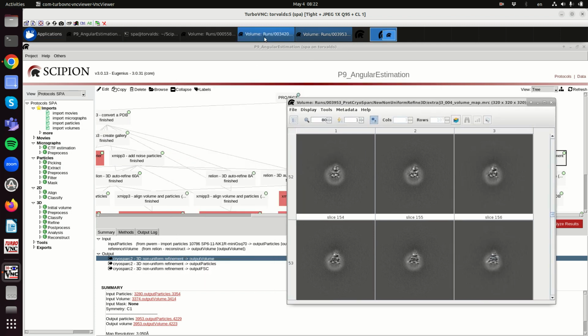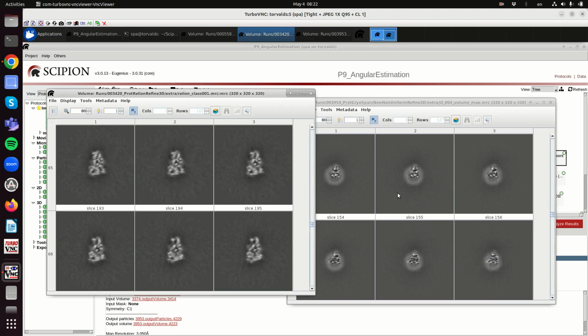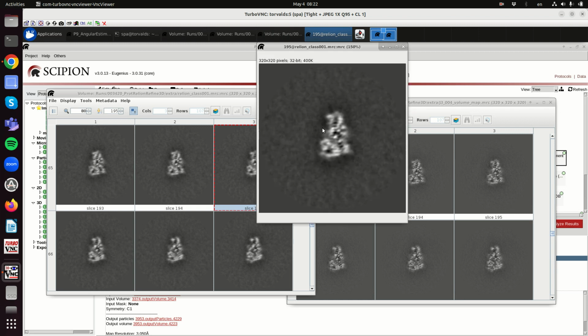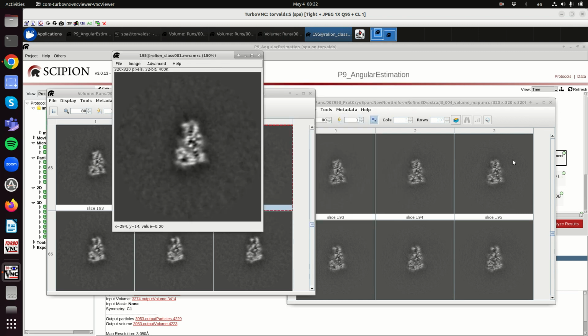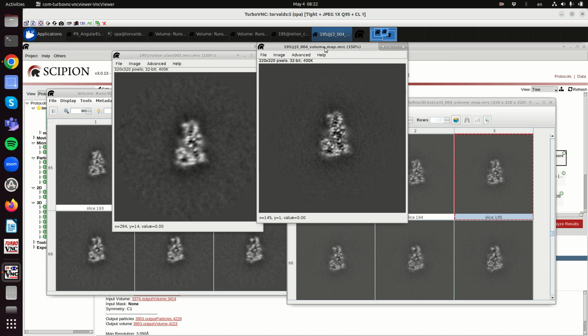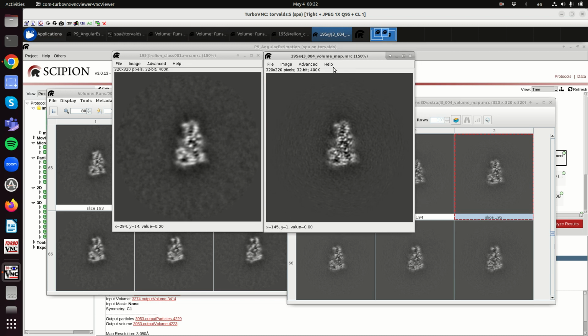Okay, so let's go to the same slice. So we can open this one, and in this case a better resolution, a better number, actually means a better-looking structure. So here we see more details than in this one. How much more detail?